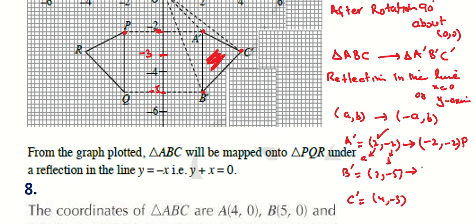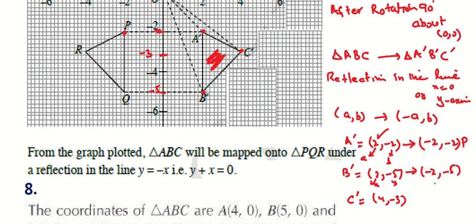Now (2, minus 5) after reflection: this is the value of a and this is the value of b. So b will remain as it is, and we reverse the sign of the value of a, which gives minus 2 and minus 5.